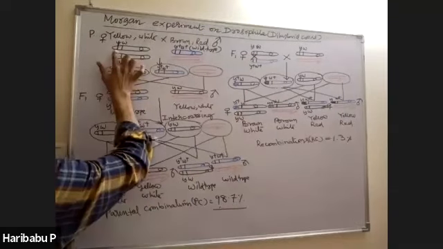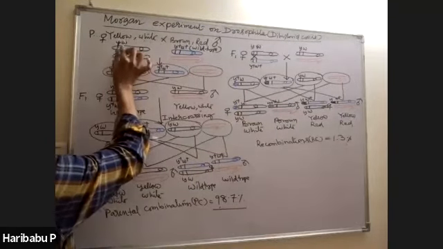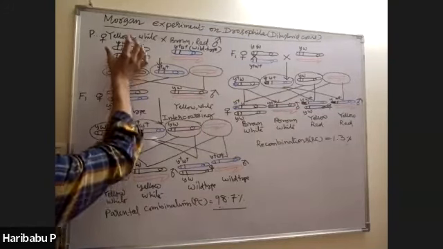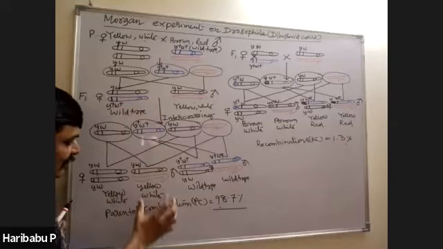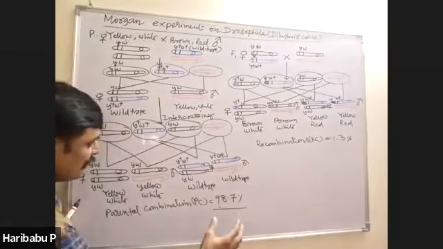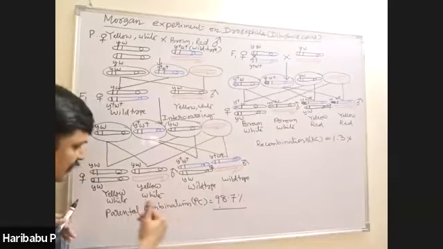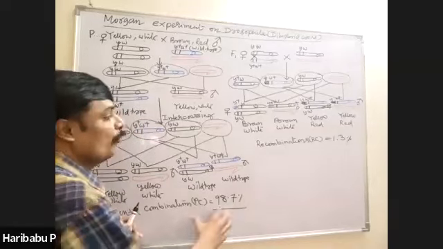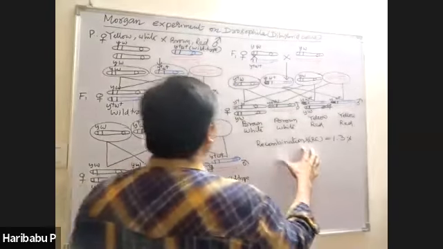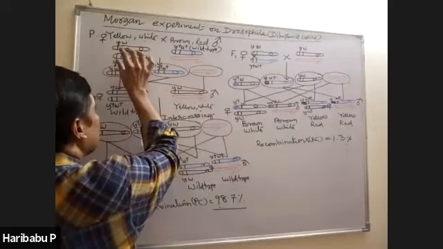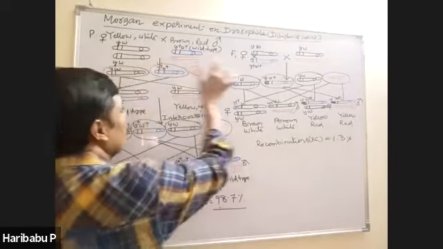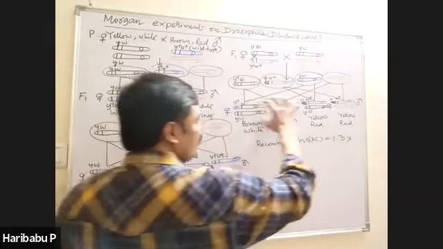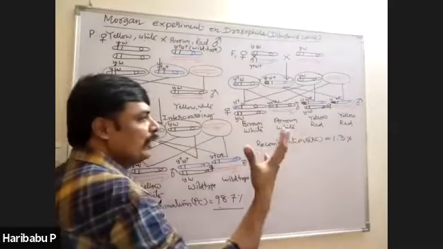As the genes are present tightly on the same chromosome, they could not be separated. Instead, they move as they are into the next generations. That is the reason why more parental combinations appeared. Why do fewer recombinations appear? As the genes are tightly linked, closely linked, there is no possibility of crossing over. Hence, these types of individuals are not found in large numbers.